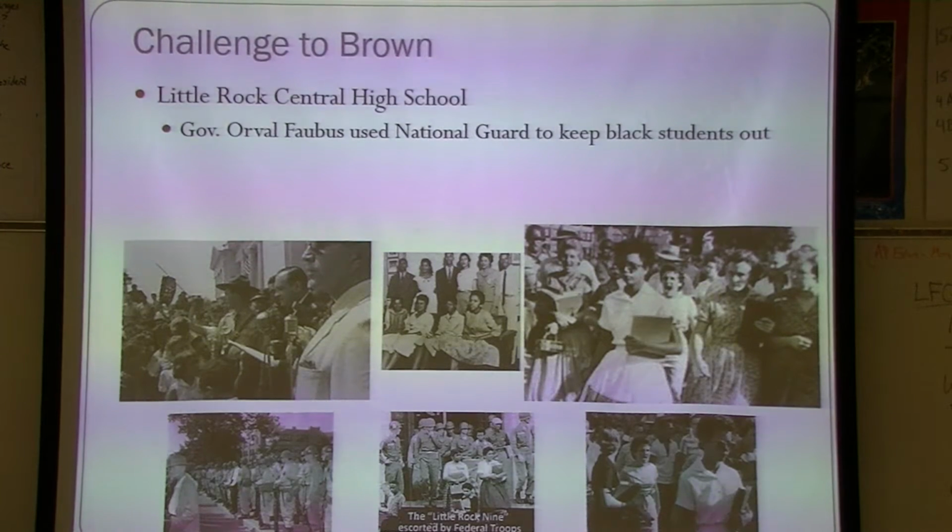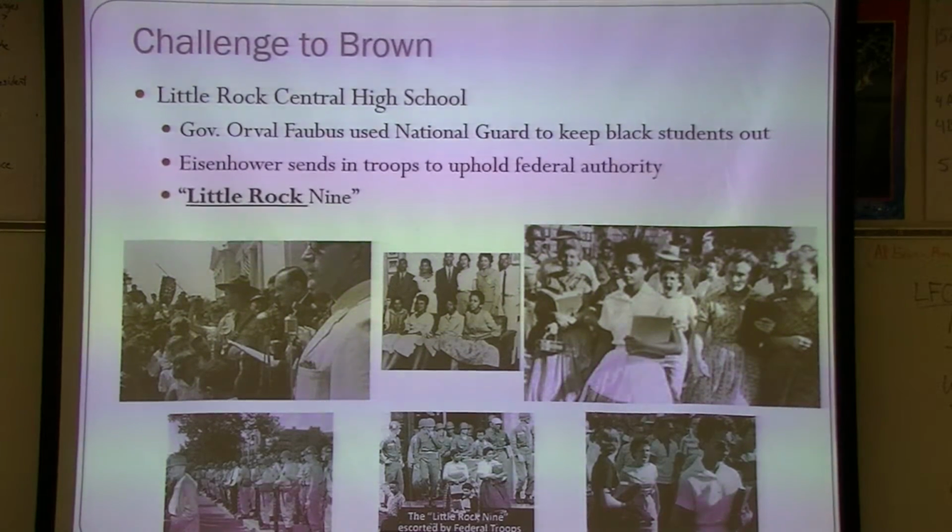Now, Brown versus Board of Education was in 1954, and in 1957, Orval Faubus will try to stop it when Little Rock Central High School in Arkansas is going to integrate. He sends in the National Guard to keep the black students out. But Eisenhower will enforce what the courts had said in Brown versus Board of Education.